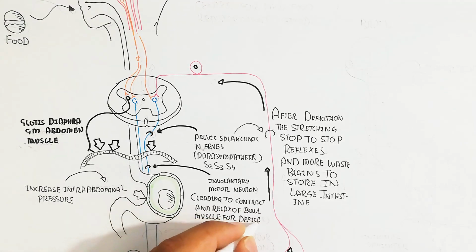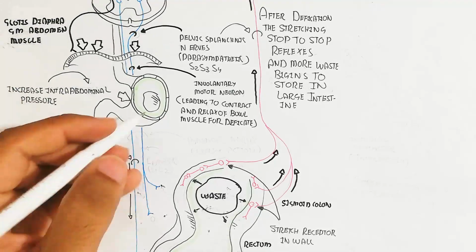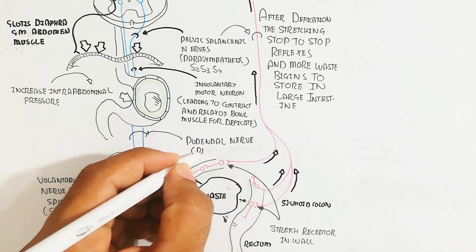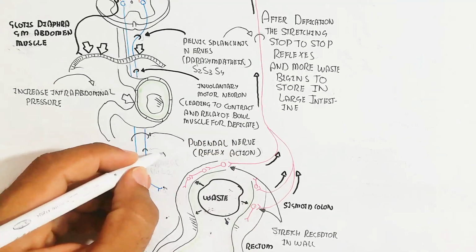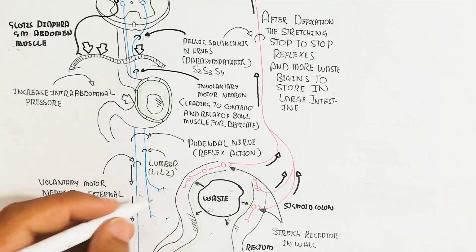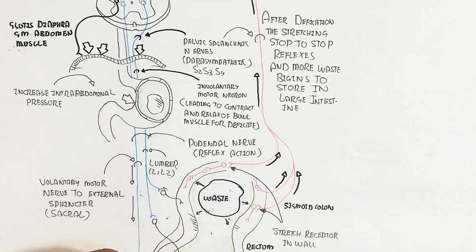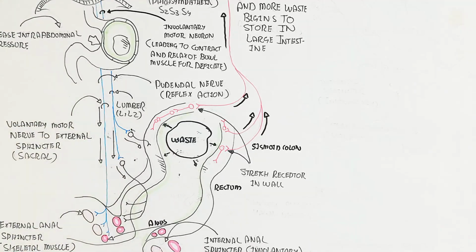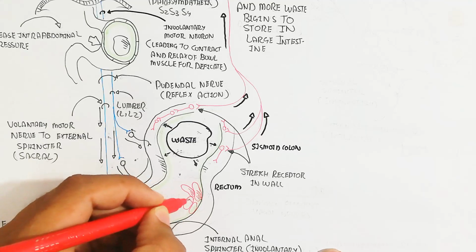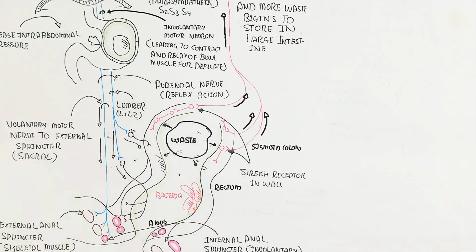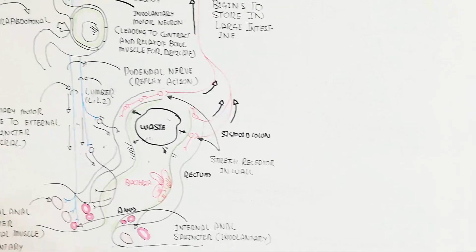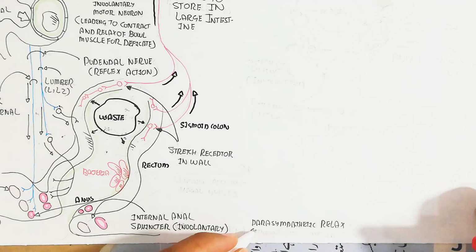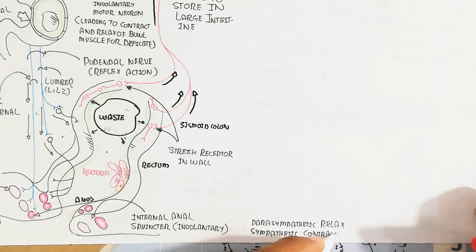It is the pudendal nerve, and it is used for the reflex action, and it is involuntary. This leads to the peristaltic movement, which targets the internal sphincter muscle to relax, so that ultimately we can relax the external sphincter muscle with our own control, or hold it.